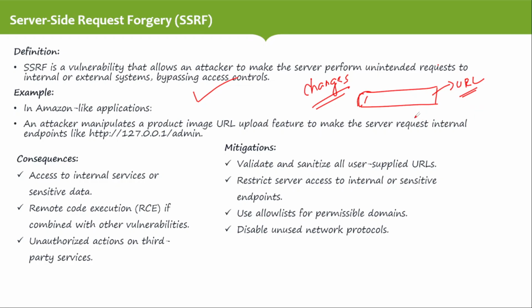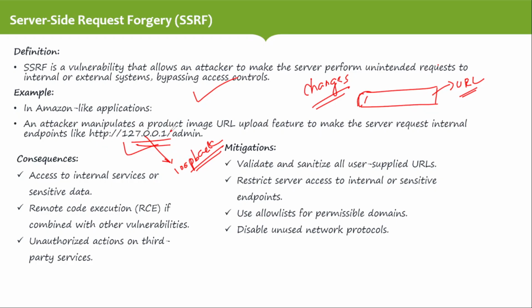In that place, let's say the attacker enters this URL. Basically, this is the loopback IP. If you browse it on your laptop, it is your own IP. But if we send that request to the server, it will be the server's internal IP.